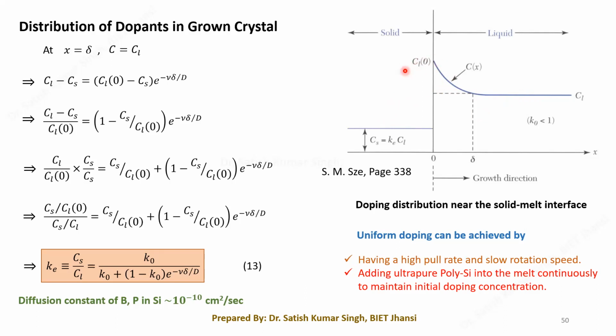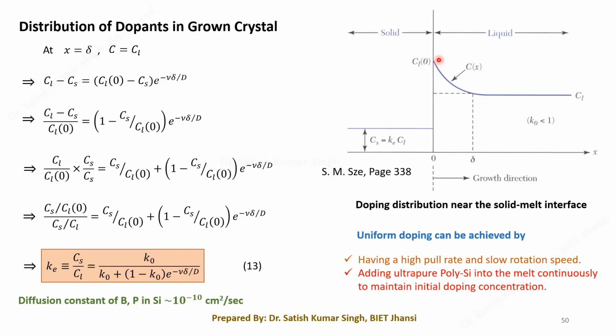So when it is going into the solid, then 30% is being rejected again back to the melt. So the top of the melt is becoming progressively richer in your dopant. So the dopant concentration keeps increasing at the top of the layer.